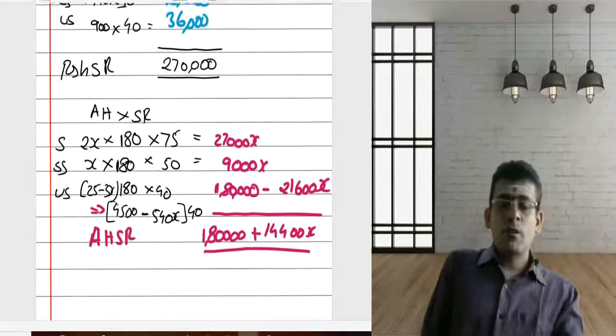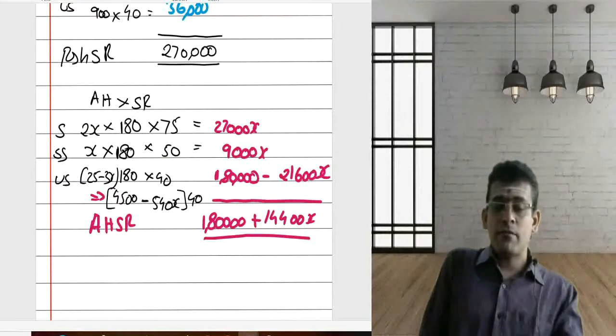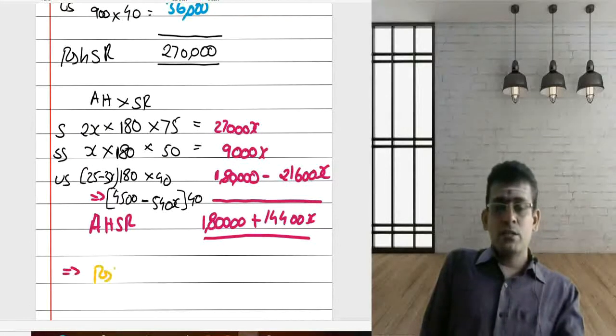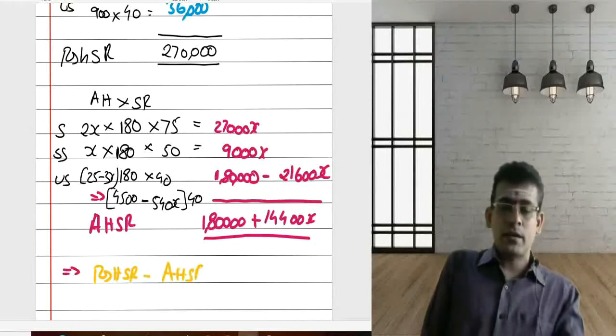Now what is the formula for your gang variance? The formula for gang variance is revised standard hours into standard rate minus actual hours into standard rate.